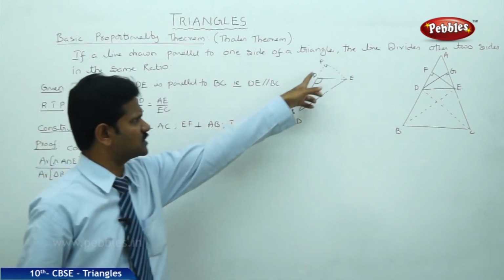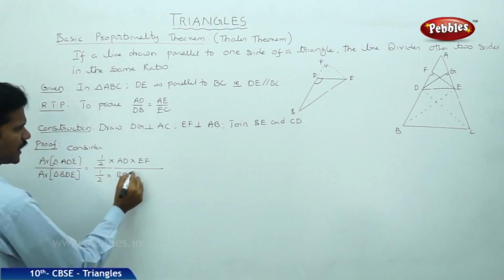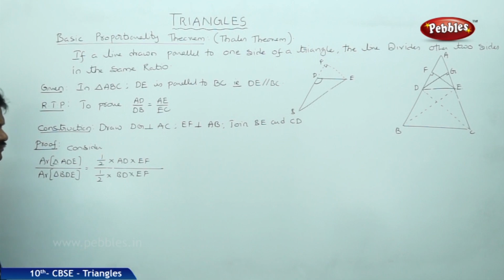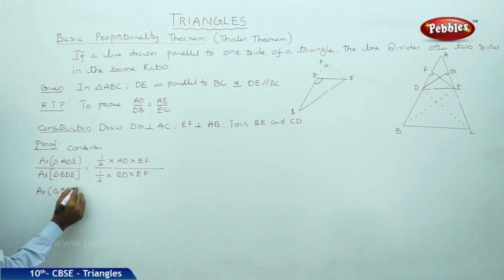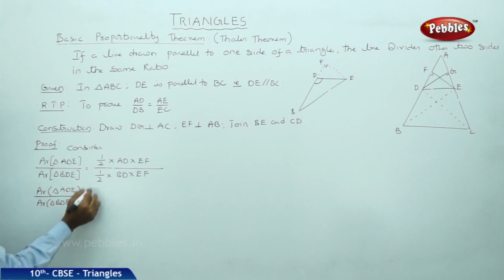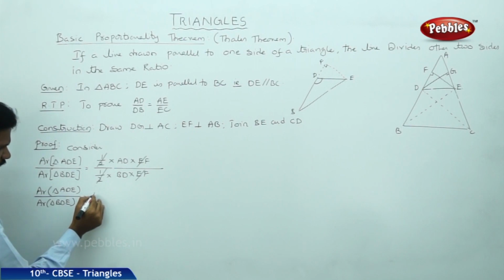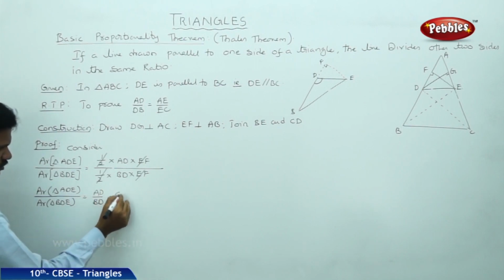Therefore the base is BD into height EF. Therefore, area of triangle ADE by area of triangle BDE is equal to half cancelled because they are equal parts, EF cancelled, that is AD by BD. This is equation 1.